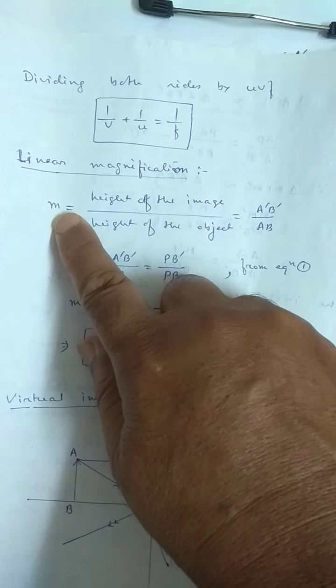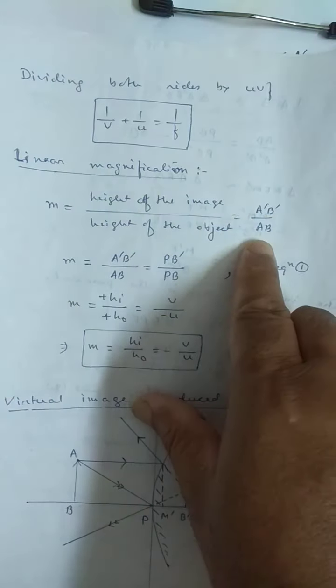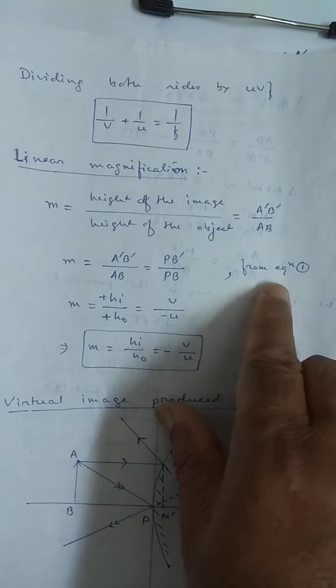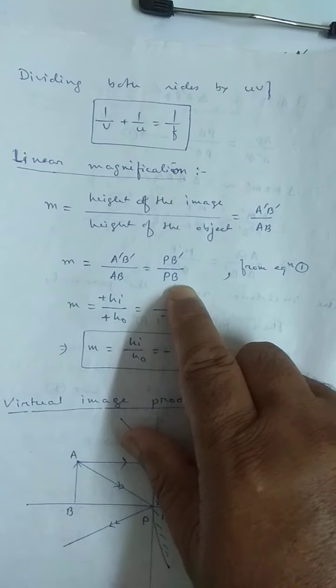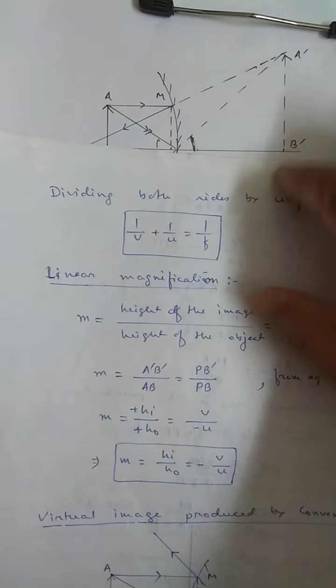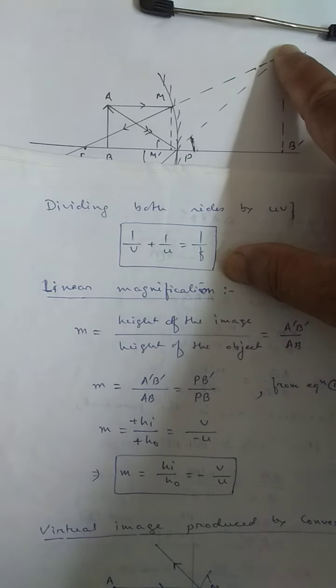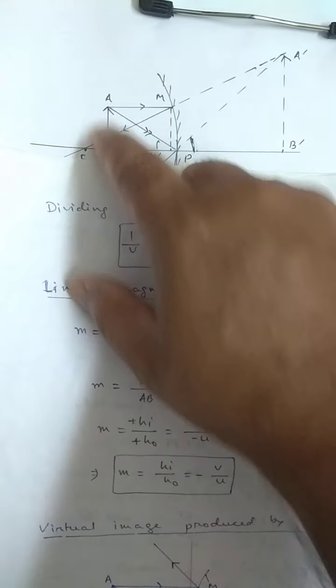Again, what is linear magnification? Height of the image by height of the object, so A dash B dash by AB. According to equation 1, A dash B dash by AB is PB dash by PB. A dash B dash is Hi, positive because it is above the principal axis. AB is Ho, also positive.